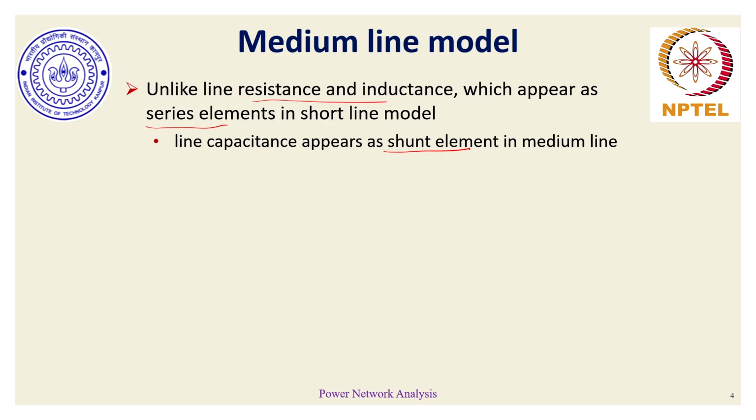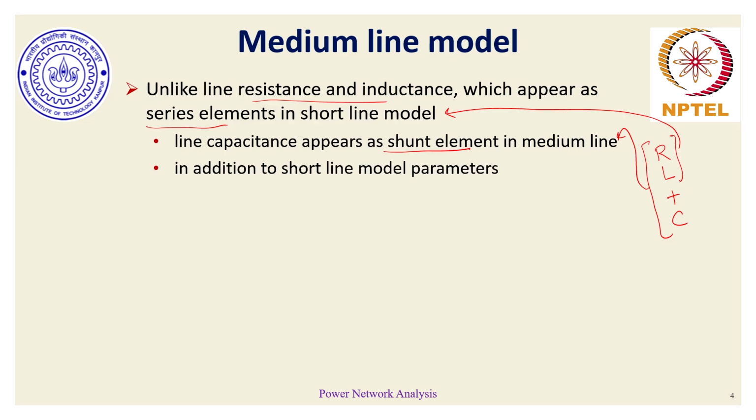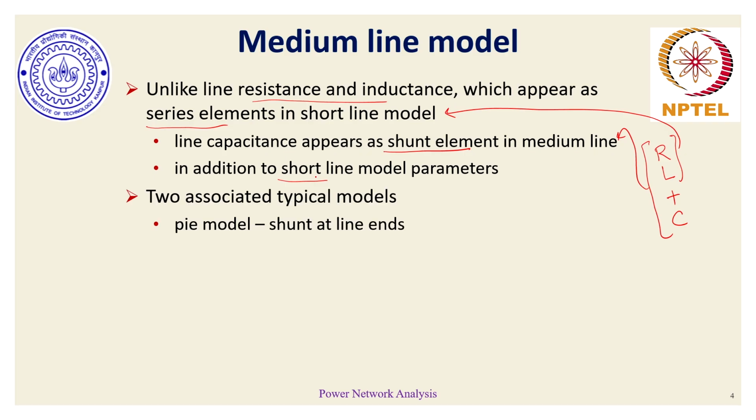So in the medium line model, we will still have the total resistance of the line and the total inductance of the line, which were also present in the short line. In addition to this, we'll also have the total line capacitance, which would be considered as part of the medium line model. And this capacitance cannot serve as a series element, so it has to be there as a shunt element in addition to the existing short line model parameters.